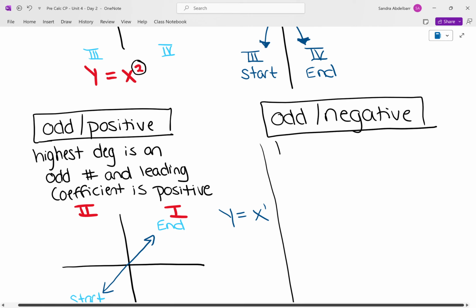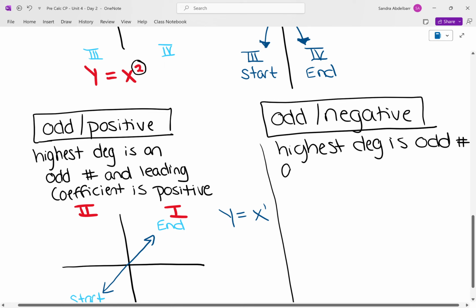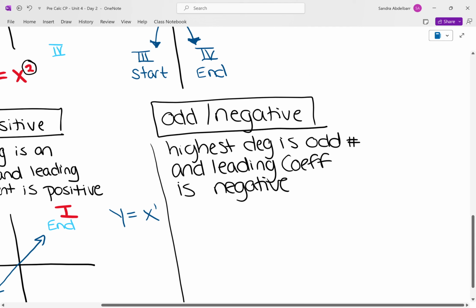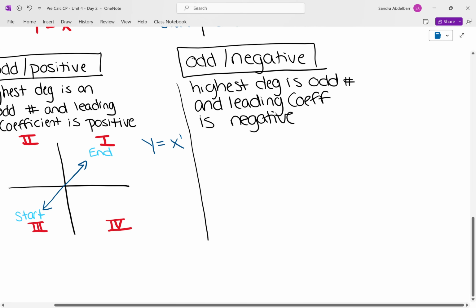So when we're odd and negative, it means the highest degree is odd, and leading coefficient is negative. And again, this is just talking about our end behavior.